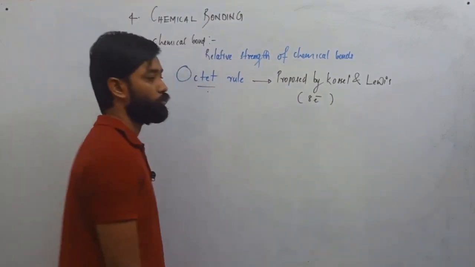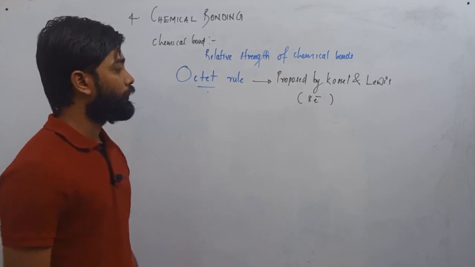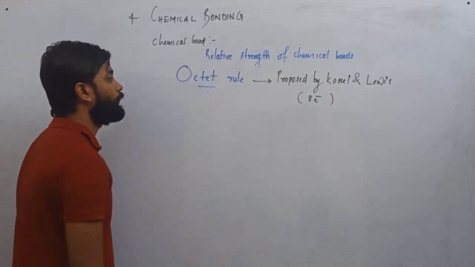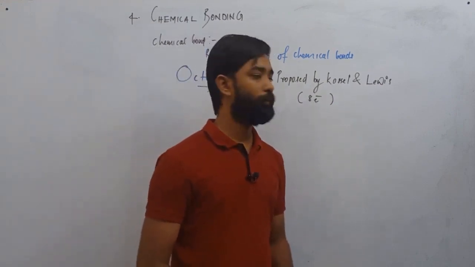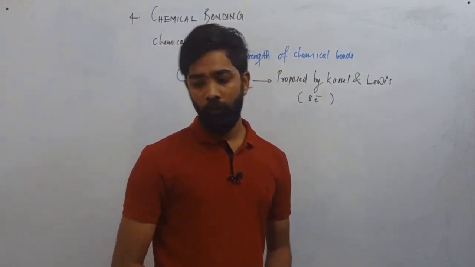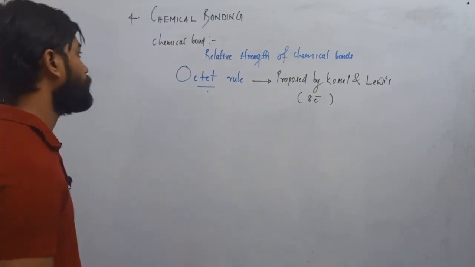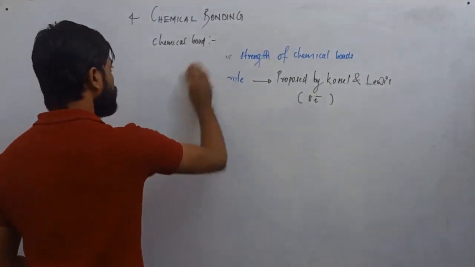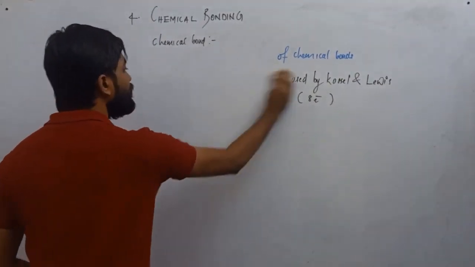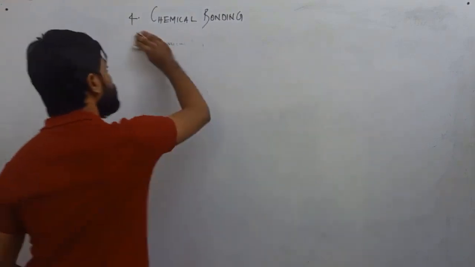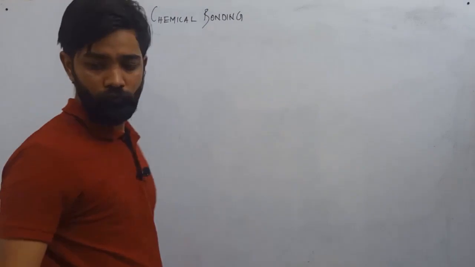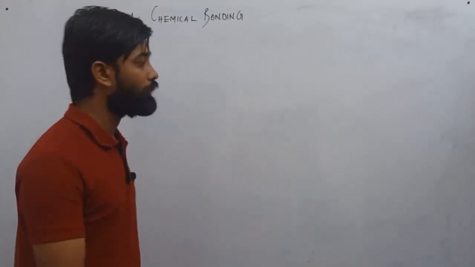So that is said to be the octet rule. Ready? Fine. And that is called the octet rule. Now we can discuss some basic ideas. You have to know the valency and valence electrons of each atom. Ready? Then only we can proceed to the next section.